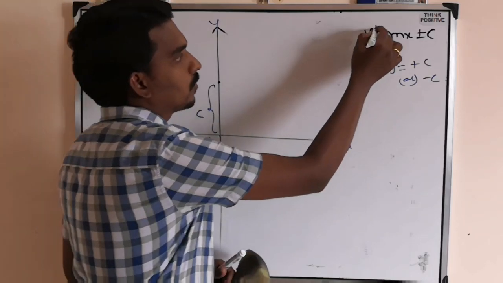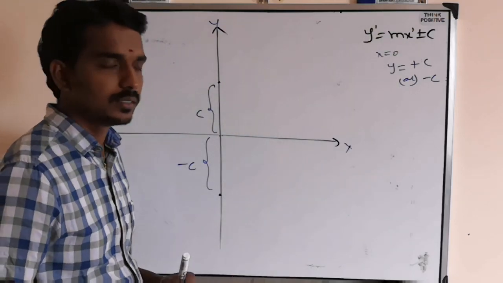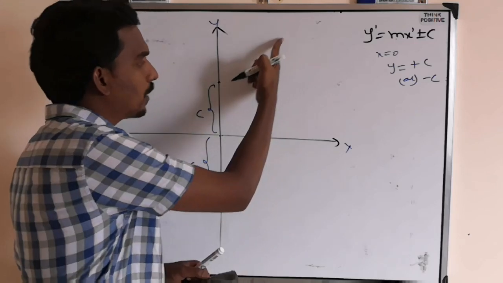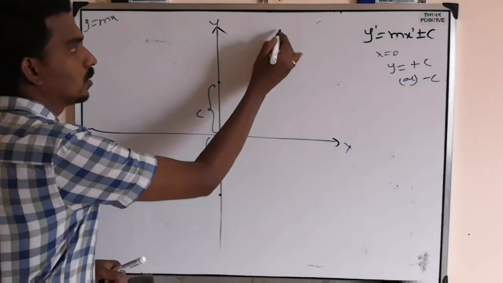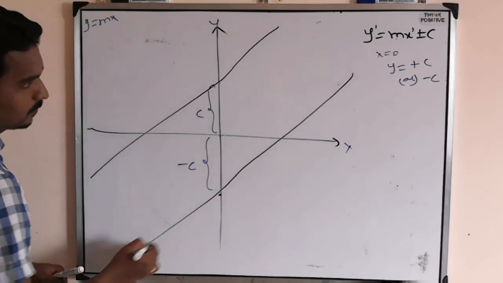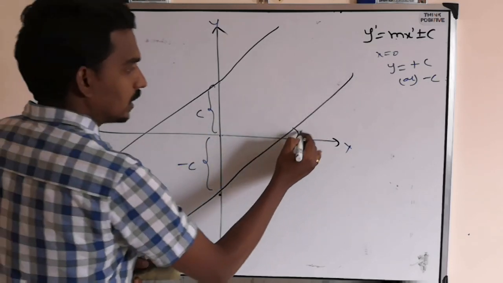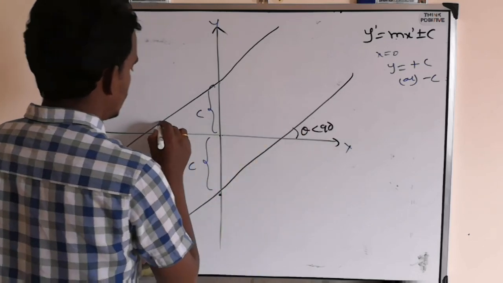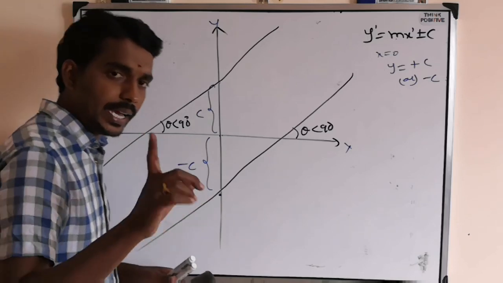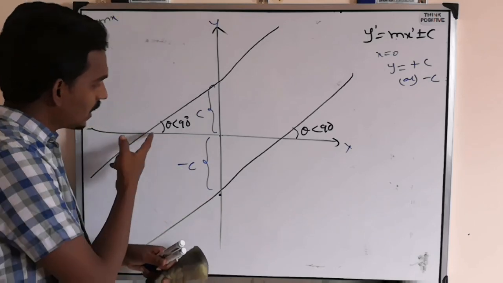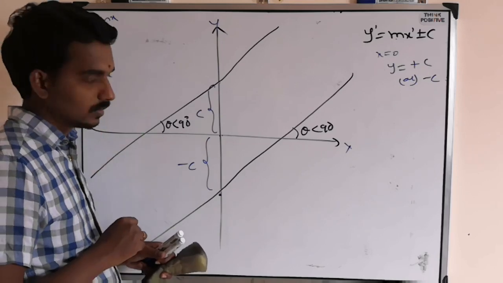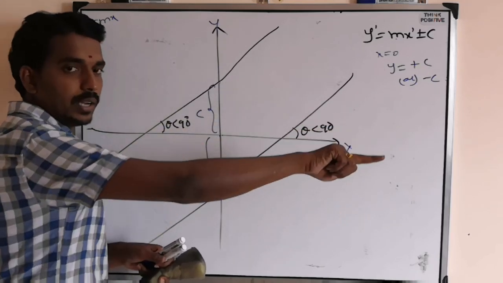But here also power 1, straight line. And slope is positive. Positive slope means should go from 1 to 3. So the graph will be like this. Theta less than 90. Many times students ask me, sir, this is negative side, so angle negative? This is positive direction.